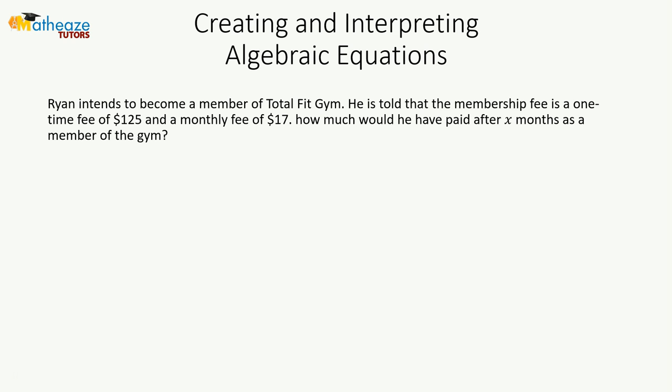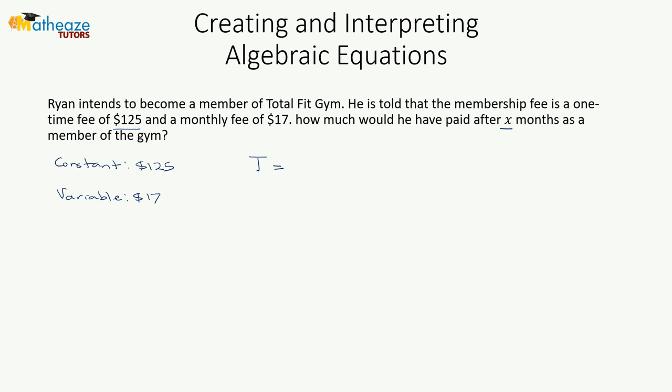So we're told that there is a one-time fee of $125. So let's say the constant is going to be $125, and then the variable is $17. But we're dealing with X months, so let's assume that T is going to be the price that he would have paid.